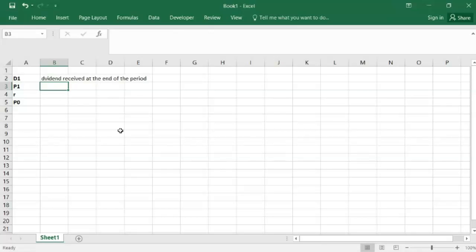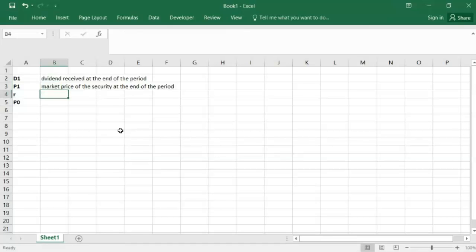And what is P1? The market price of the security or equity share at the end of the period.